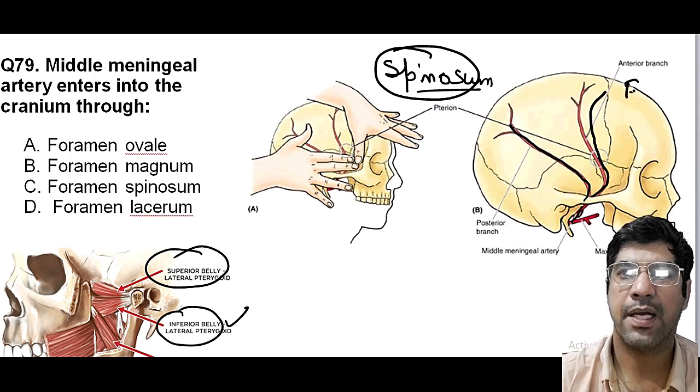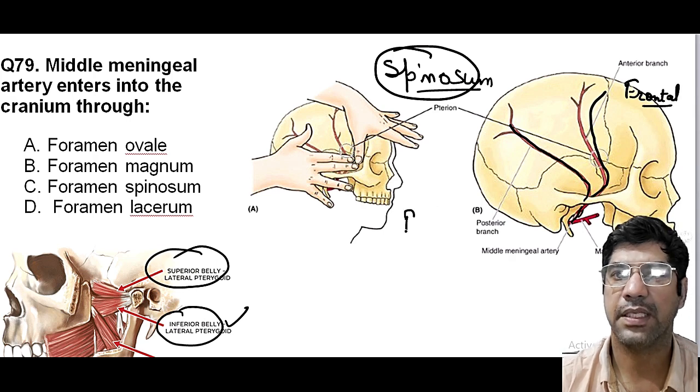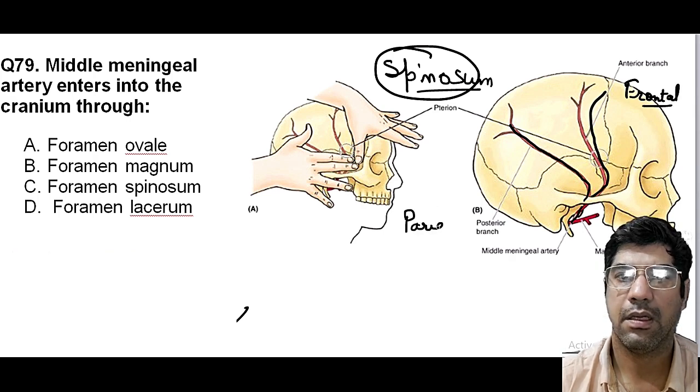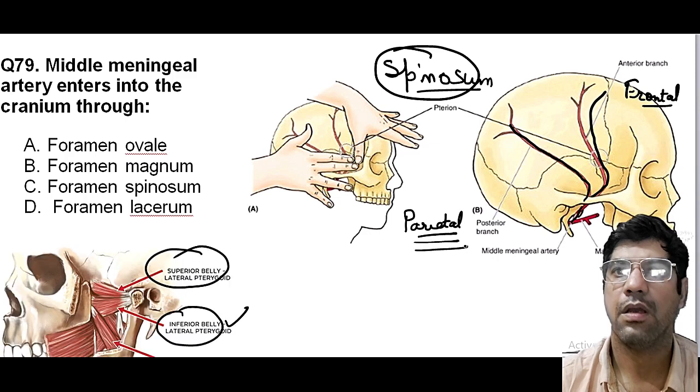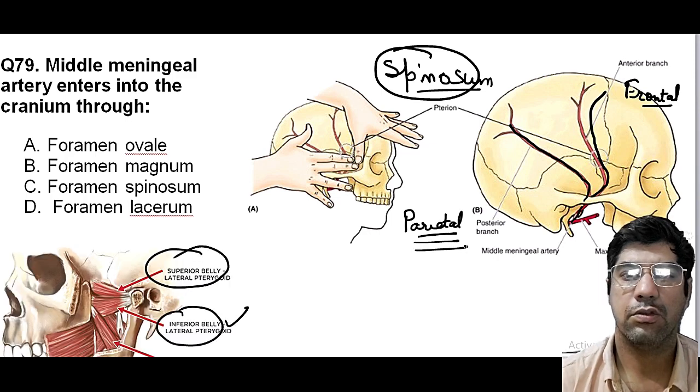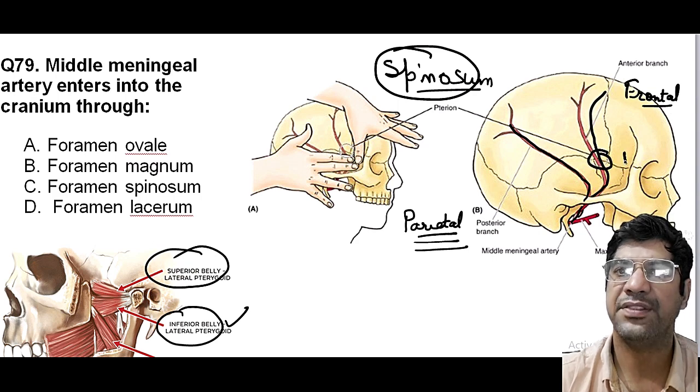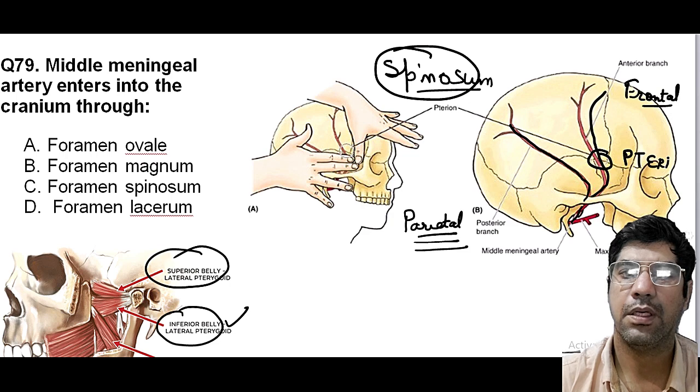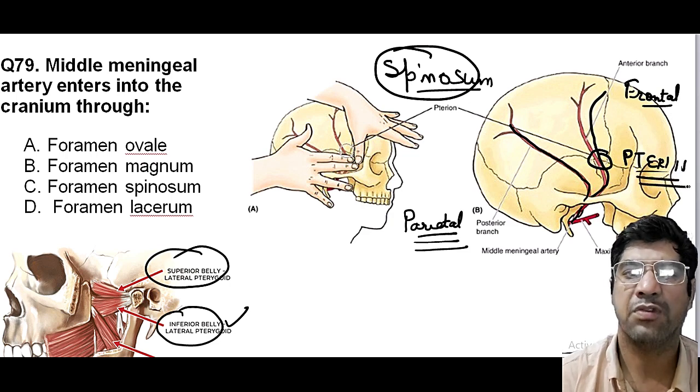One is the frontal branch, that is the anterior branch, and the posterior branch is the parietal. So it crosses a point that is known as the pterion. So this one here is the pterion. So think of this as a crossroad.